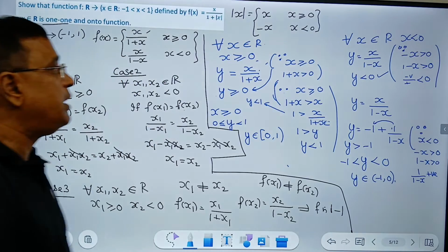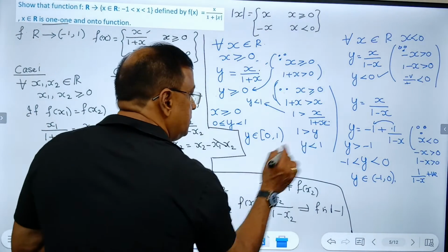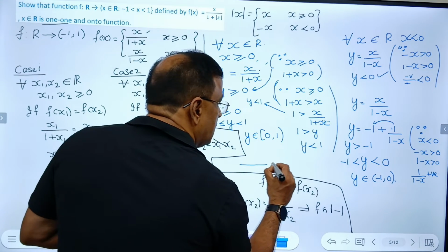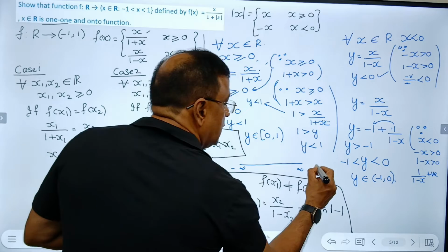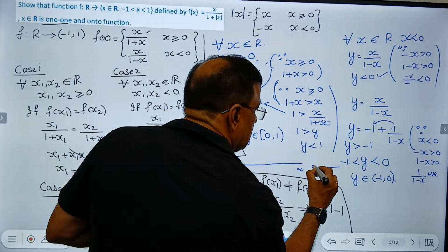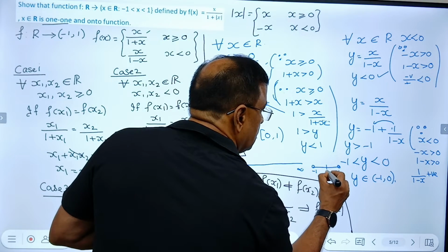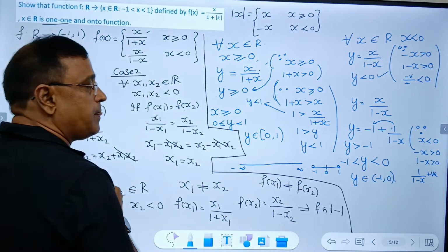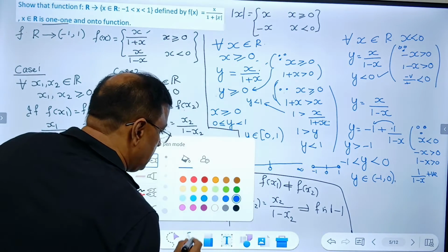Y belongs to minus 1 comma 0. Now the understanding is like this. See, if I have a number line from minus infinity to plus infinity, and if I have a number line with minus 1 to plus 1, and this is 0, okay, included, all the positive numbers 0 to infinity, I am taking from 0 to infinity.